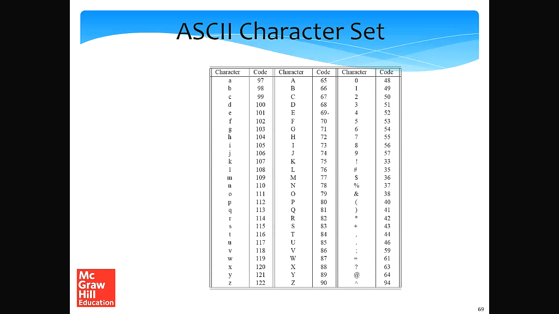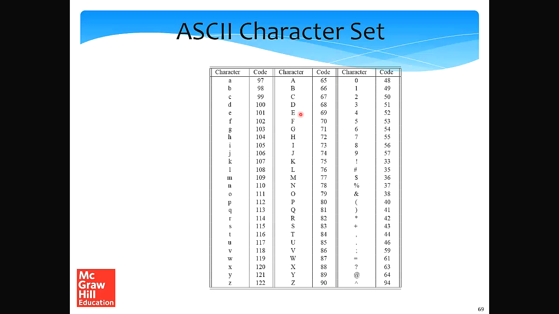So the ASCII character set looks like this. Here is the code of some of the common characters. From small a to small z, the code goes from 97 till 122. Similarly, from capital A to capital Z, the code goes from 65 till 90.